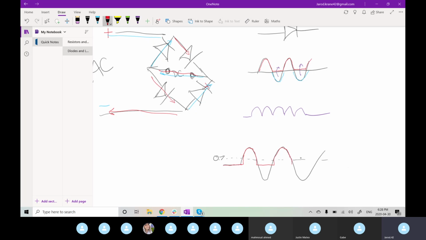So it does clip at the 0.7. Once it actually passes that threshold, then it follows the sine wave. And then once it goes under 0.7, it goes straight down and clips. Okay. Thank you.